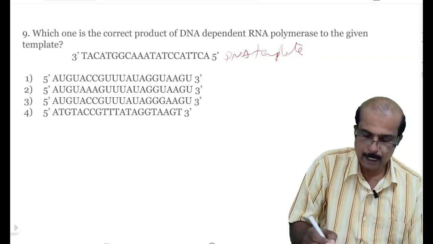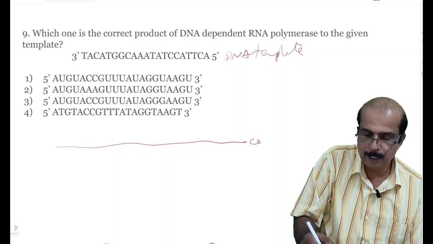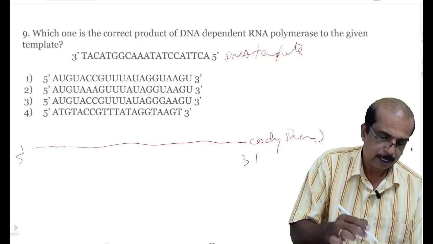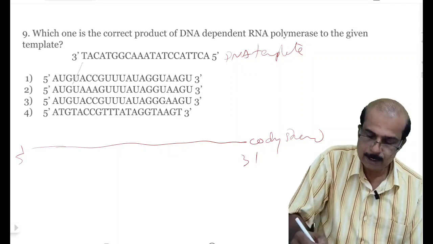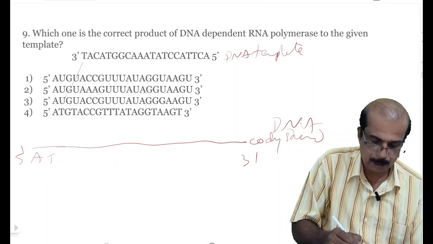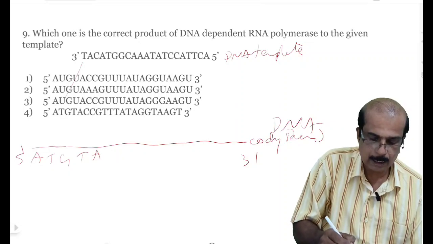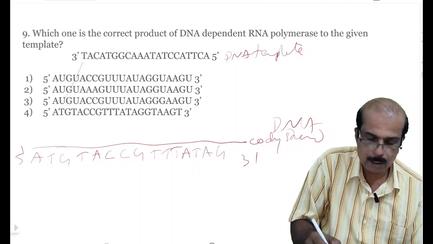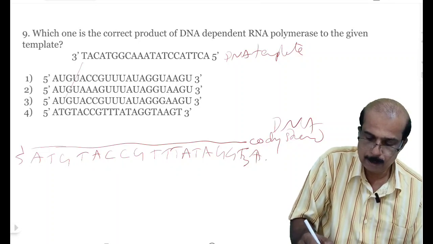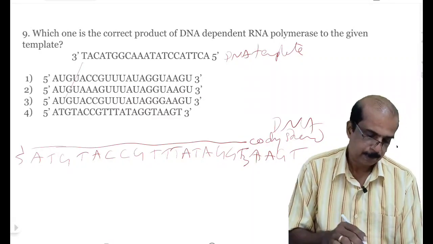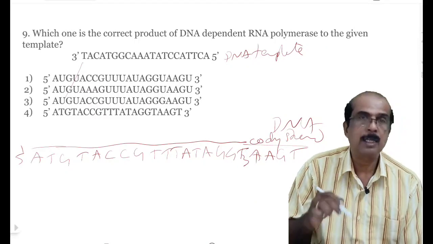So you have to write the coding strand in the 5' to 3' direction, complementary to the template: T, A, T, G, T, A, C, C, G, T, T, T, A, T, A, G, G, T, A, G, T. This is the coding strand which is complementary to this DNA template.